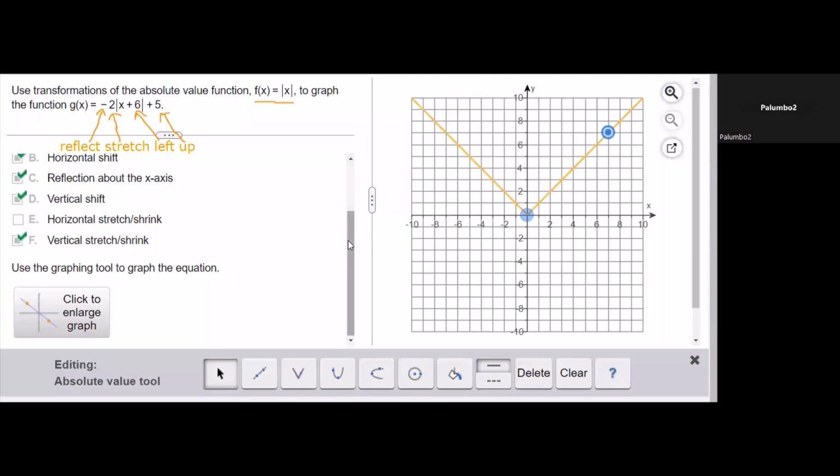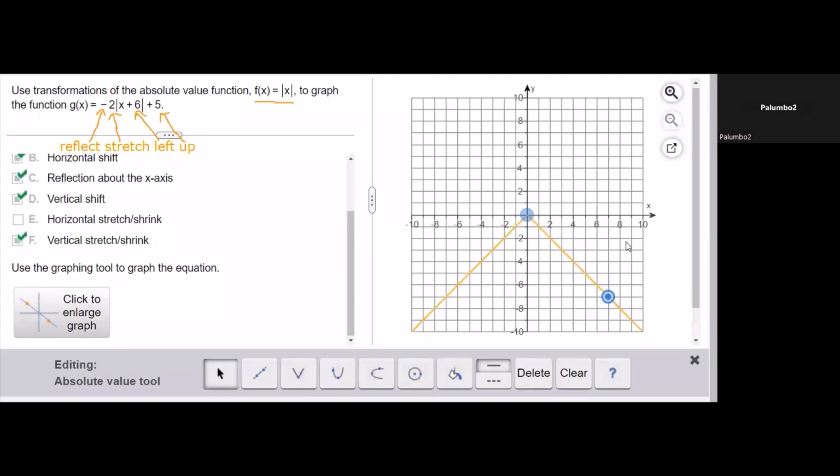Now, I'm going to first shift it around. And after I do that, I'm going to test some points to make sure that I'm correct. So the first thing we're going to do is reflect it. I like to go left to right. And you see right here, this minus is a reflection. So I'm going to take this point that was up here at 7, 7, and I'm going to bring it down to -7.